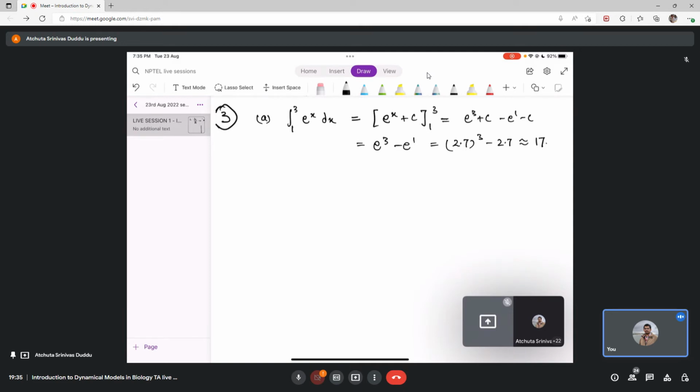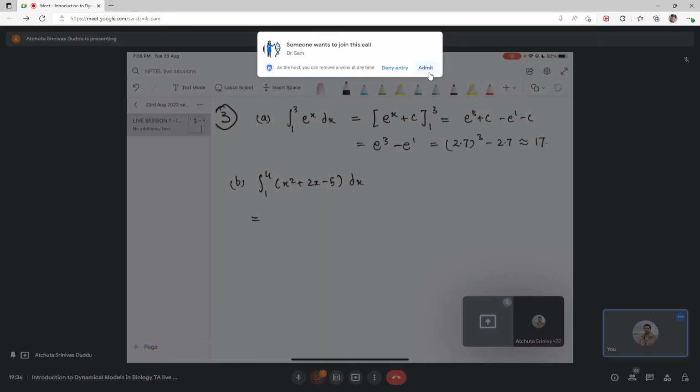So for definite integrals, you do not need to consider the constant, you can just take the limits directly. For the next bit, we have the integral from 1 to 4 of x square plus 2x minus 5 dx.